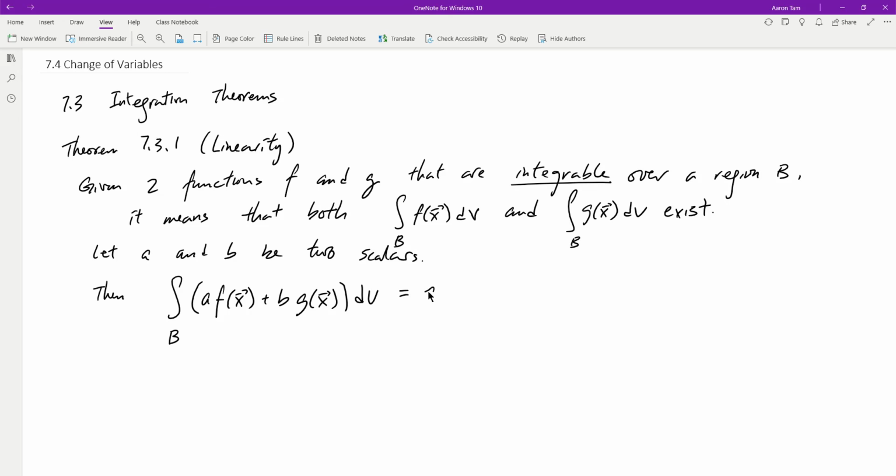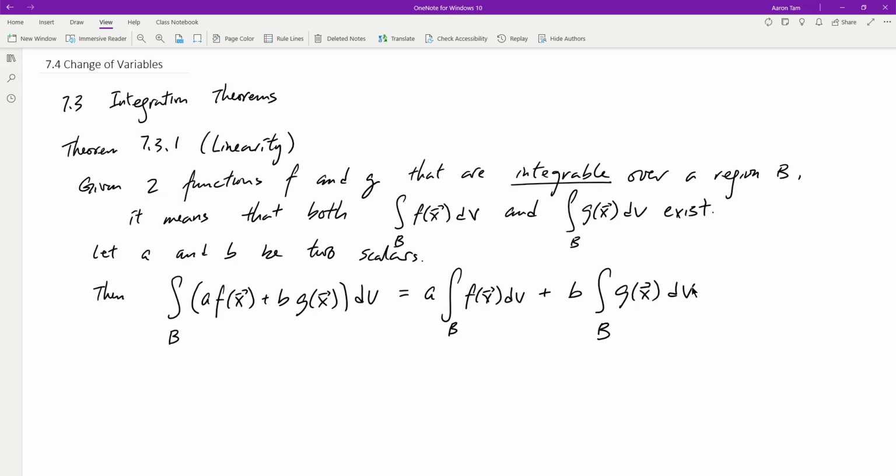Therefore that equals a times the integral over B of f of vector x dV plus b times the integral over B of g of vector x dV. That property is often referred to as the linear property. Any function or any operation that has this property is referred to as a linear operation.